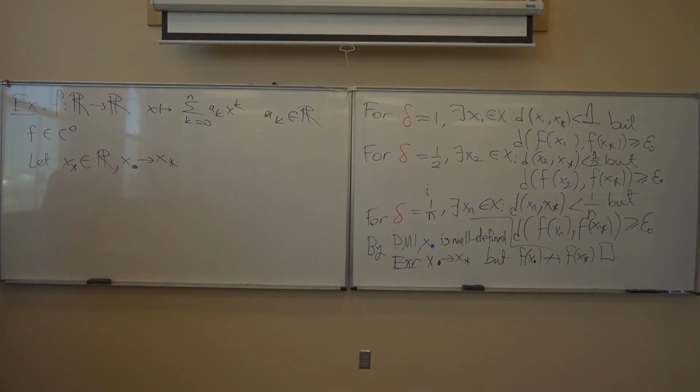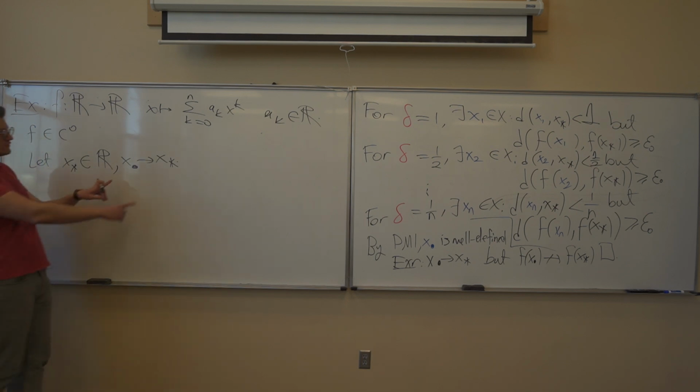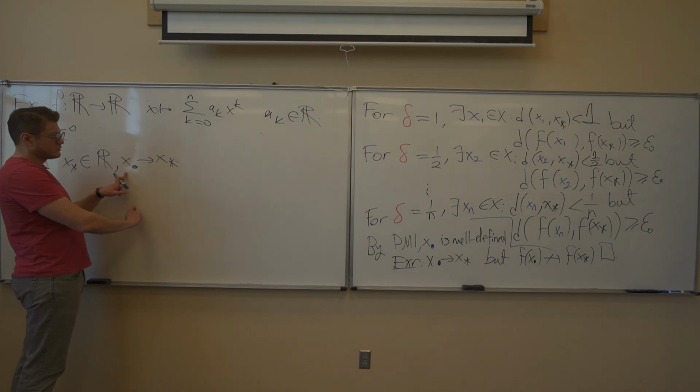By one of the problems in, I think, problem set 3, this problem about limit laws, you know that, for instance, if this guy converges, well, I can multiply it by itself, right? And then that would give me that x bullet squared converges to x star squared, and so on.